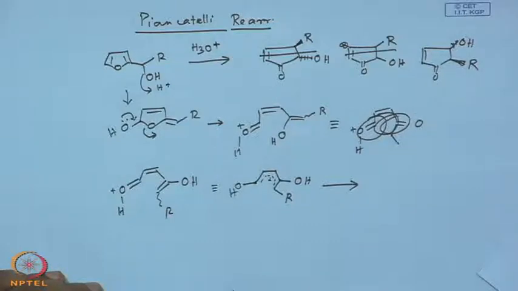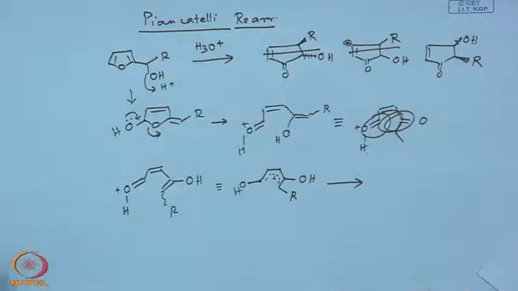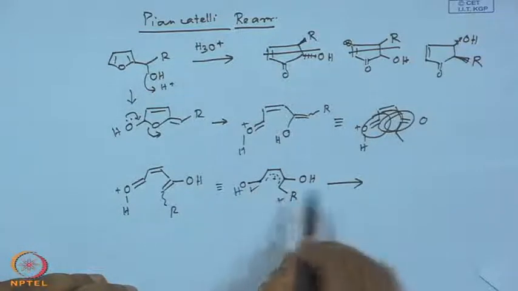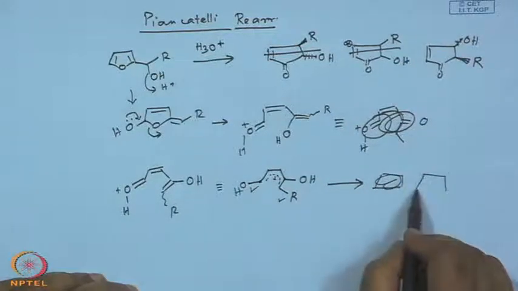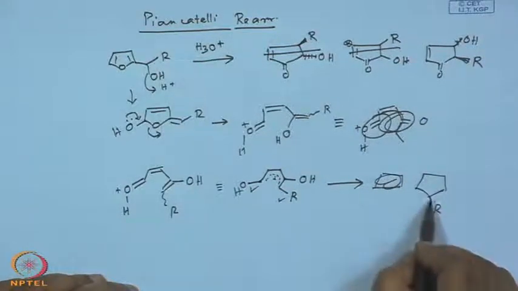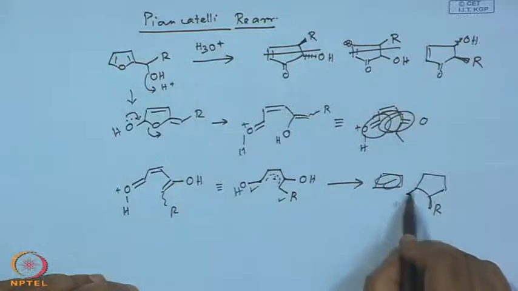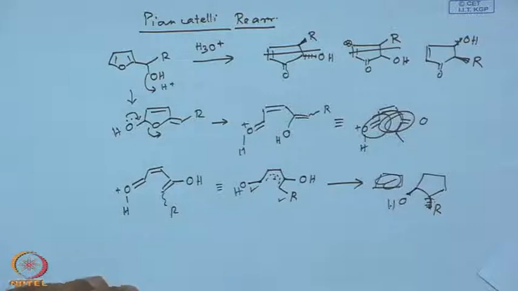So, 4 pi electron cyclization thermally, is it conrotatory or disrotatory? Conrotatory. So, conrotatory means if you have two groups like this, then they will be trans to each other, and that's the reason this hydroxy and this R here, this should be R, this should be OH, it's trans, right.